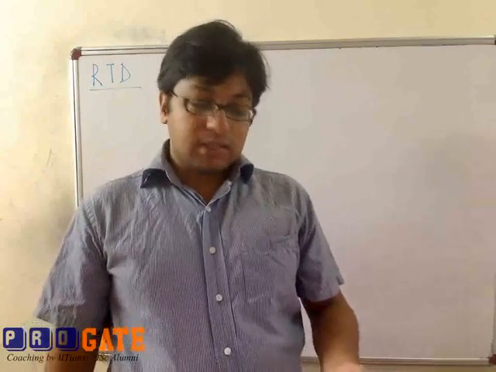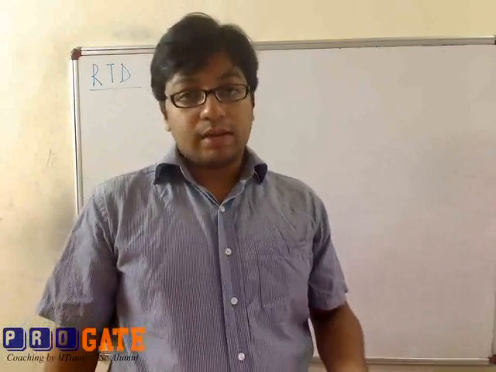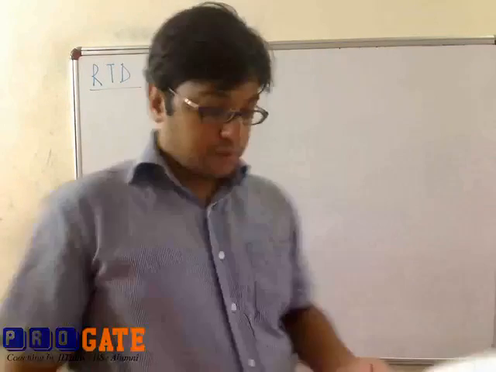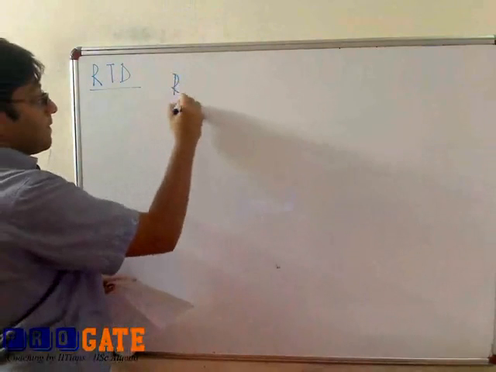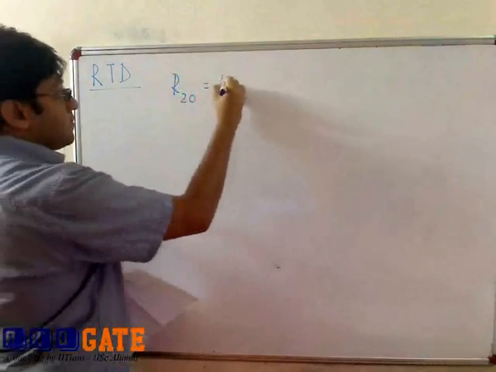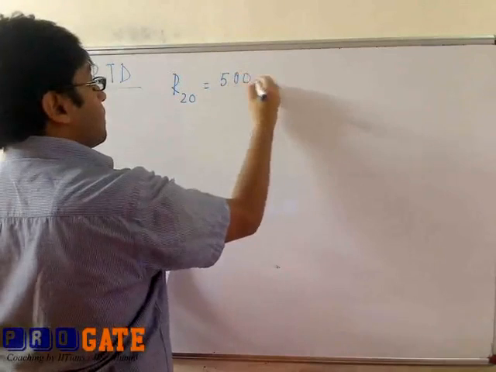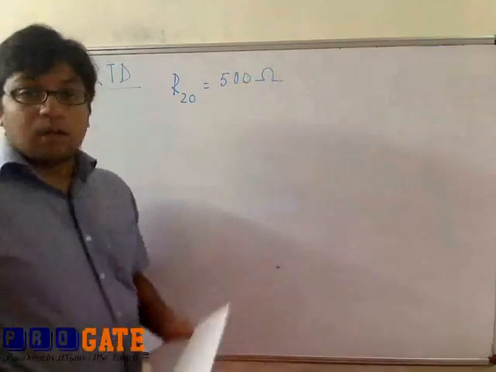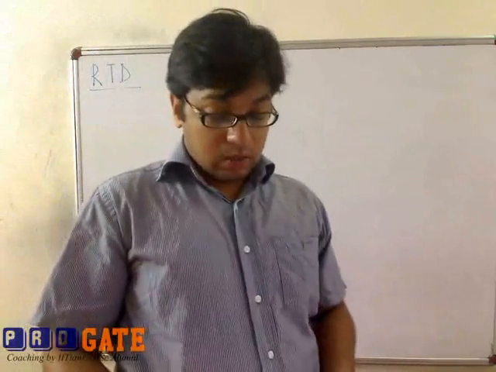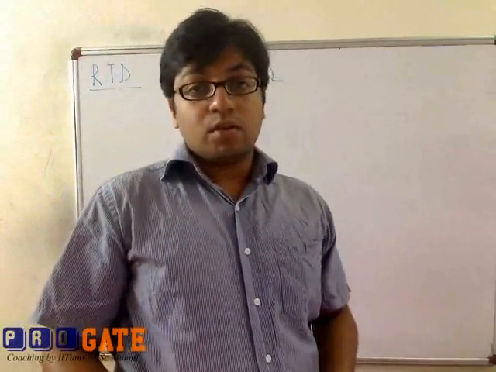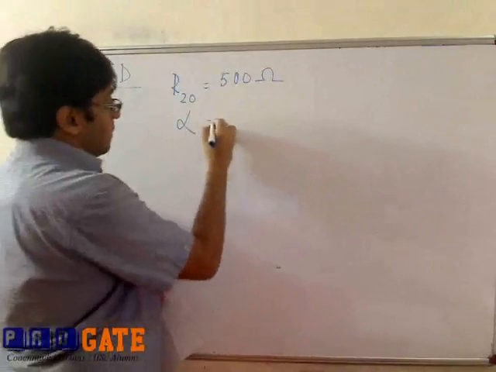The question says that an RTD whose resistance at 20 degrees Celsius is 500 ohms has a temperature coefficient of resistance, that is alpha, equal to 0.005 per degree Celsius.